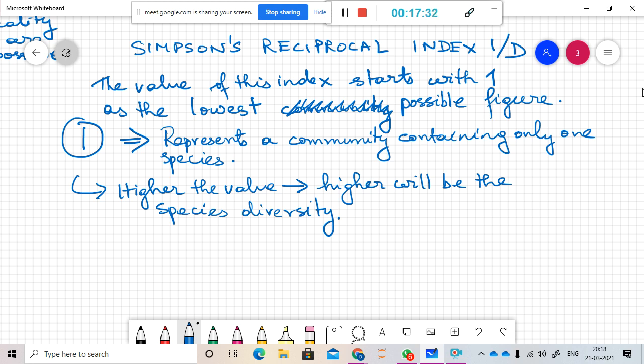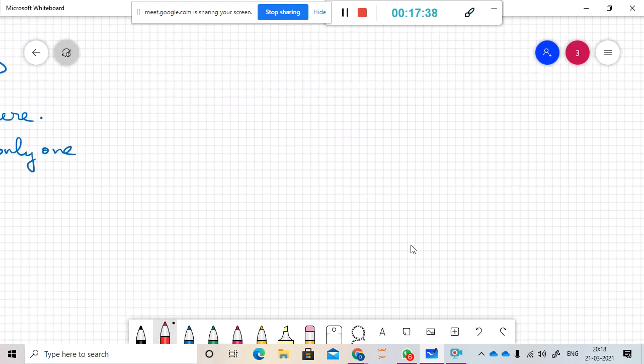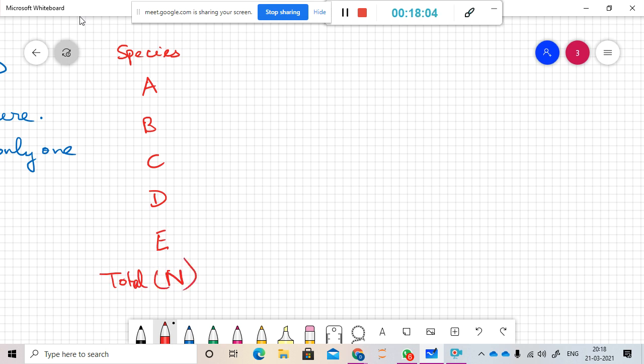So let us consider an example. Say species A, B, C, D, E. Total is N. The numbers are 2, 8, 1, 1, 3.